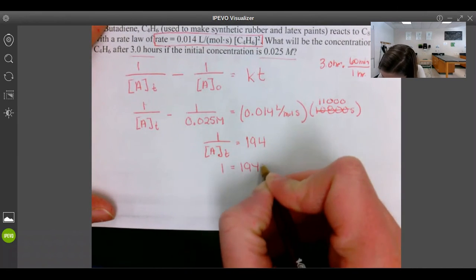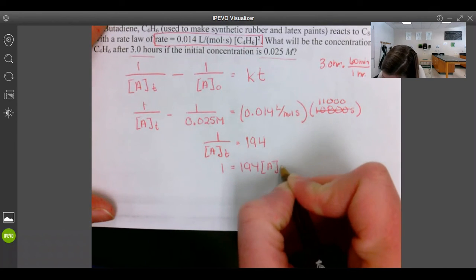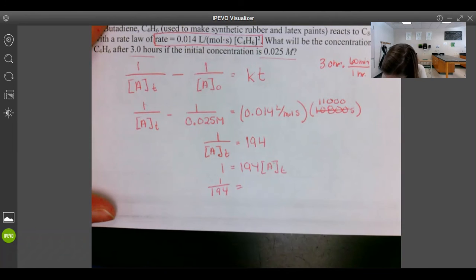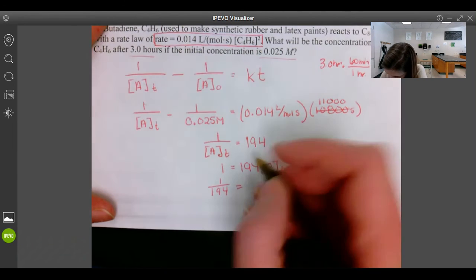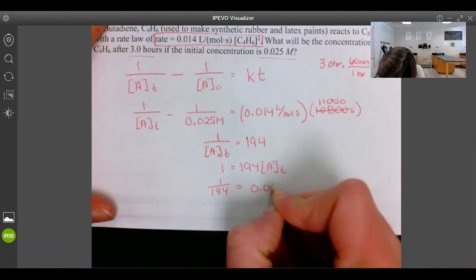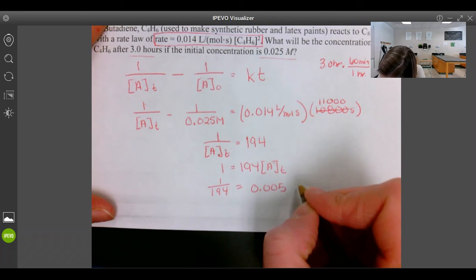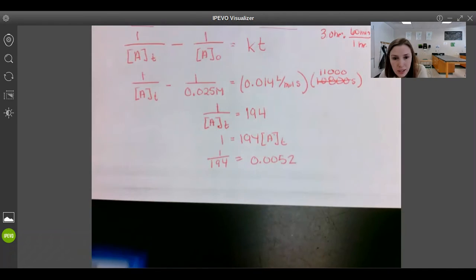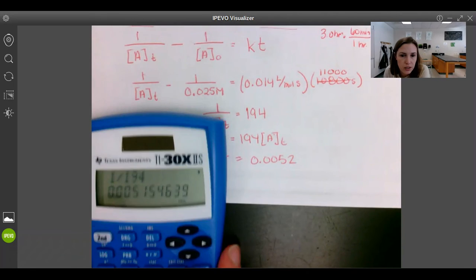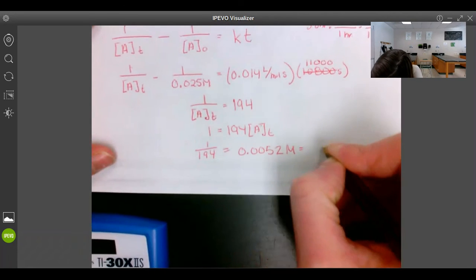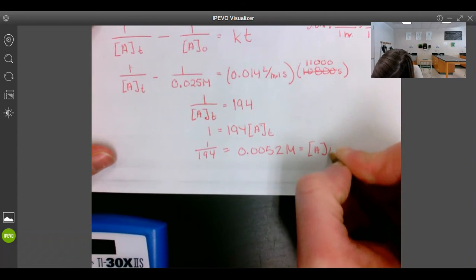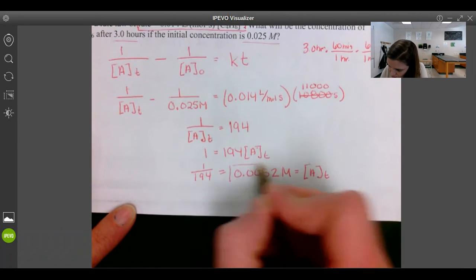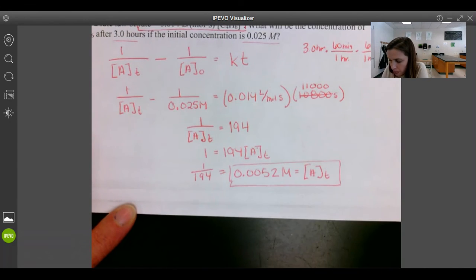So this I would cross multiply, which then when I do 1 divided by 194, I get 0.005. And going back to my original 2 sig figs, I'm going to get this. So this is what I got in my calculator. Molar. That would be my final concentration at time t. So this would be my answer here.